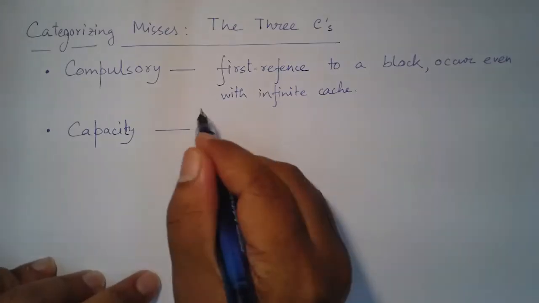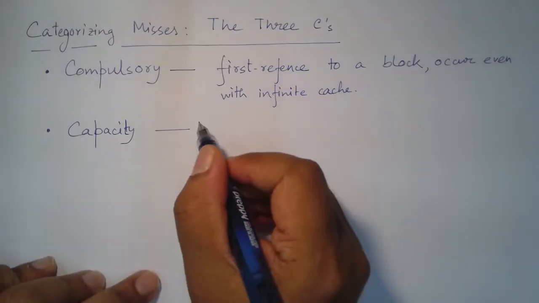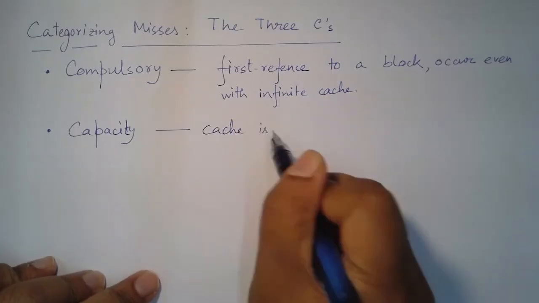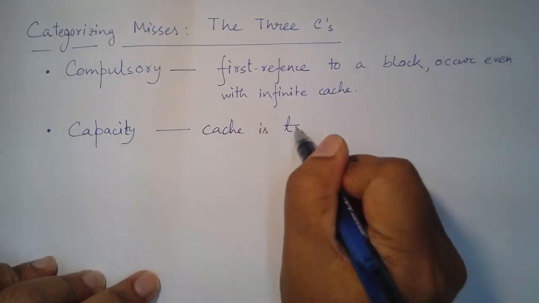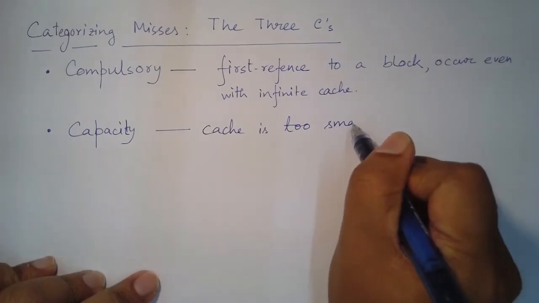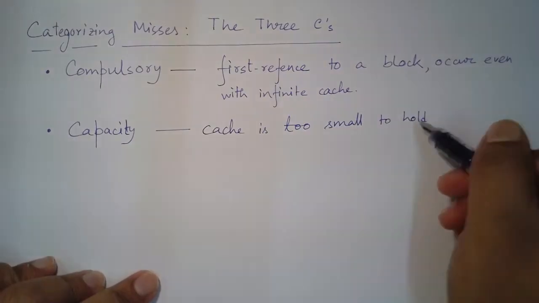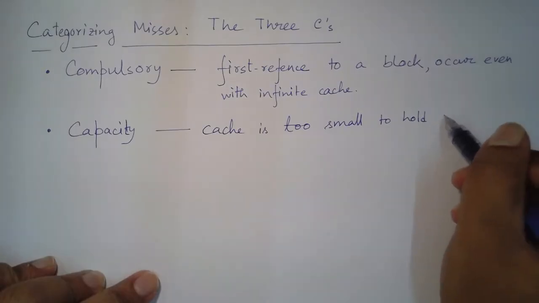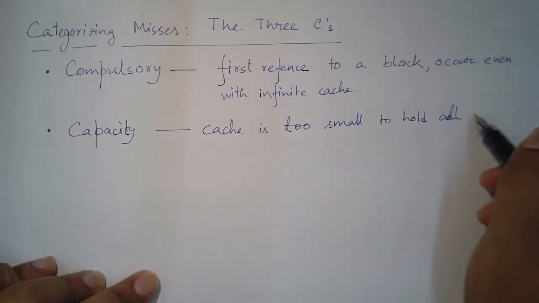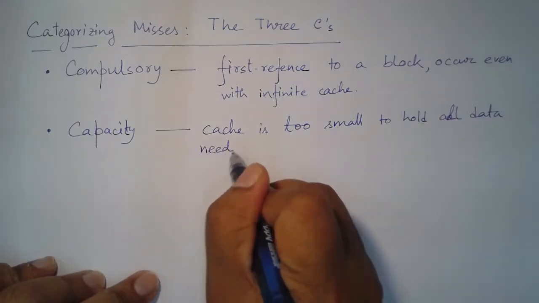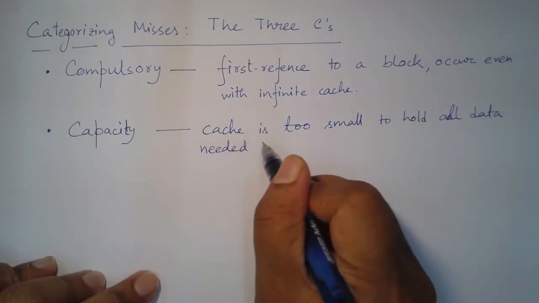Okay. So, basically capacity miss occurs because cache is too small to hold all data needed by program.